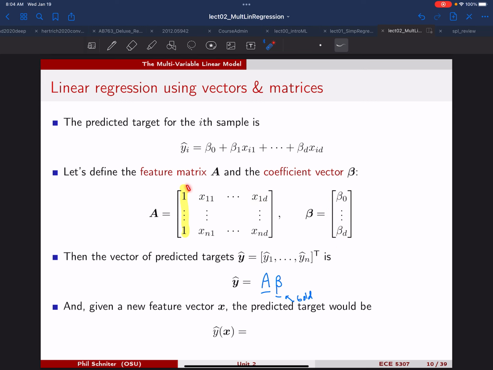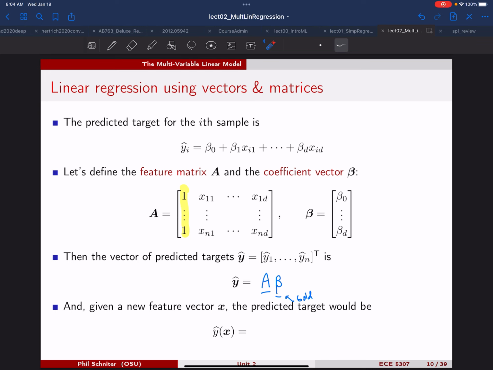So what that means, I'm going to get 1 times beta 0 plus x11 times beta 1, and so on, all the way to x1d times beta d, right? And that's giving exactly this for i equals 1. The reason that I'm adding this column of 1s is so that I can multiply this beta times those to recover this intercept term.